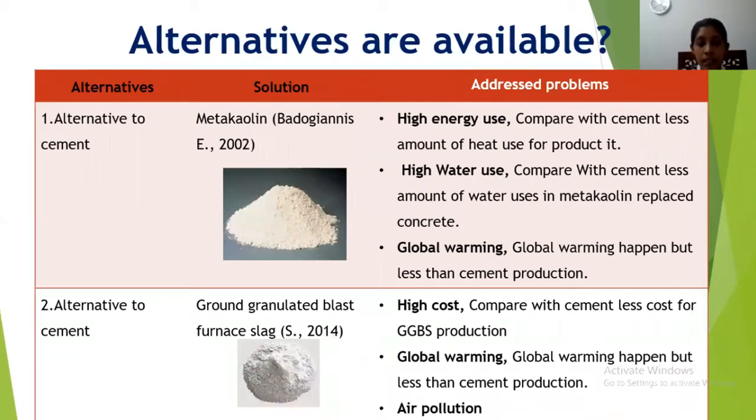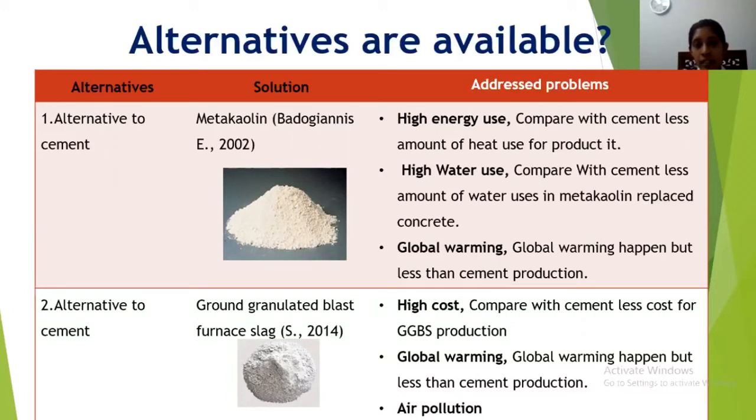In here you can see what the alternatives available for cement are. First one is metakaolin. Compared to the cement, less heat is needed to manufacture it, it needs less water, and its contribution to global warming is less.